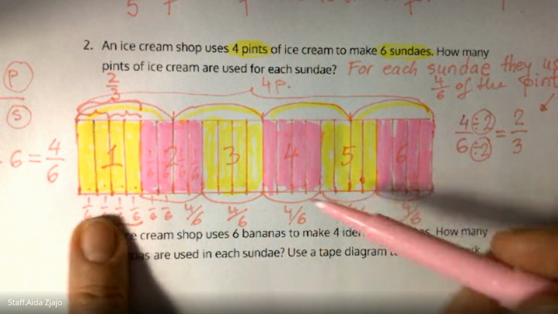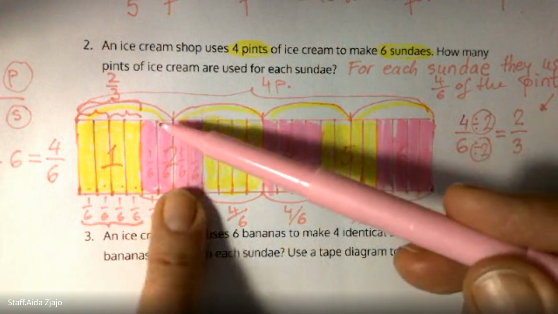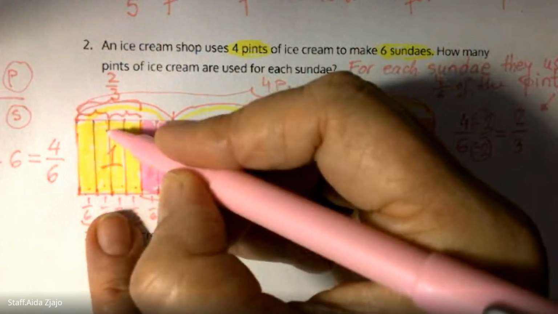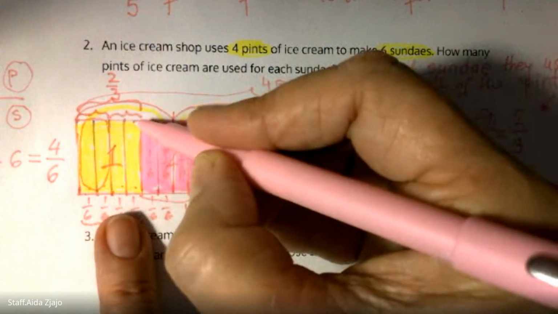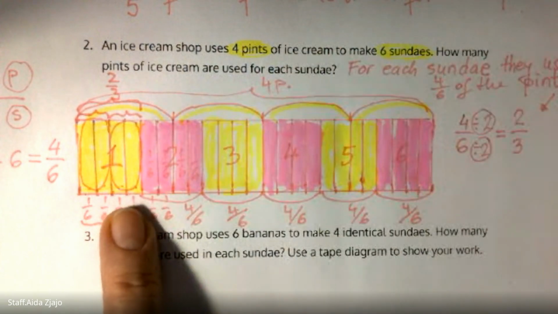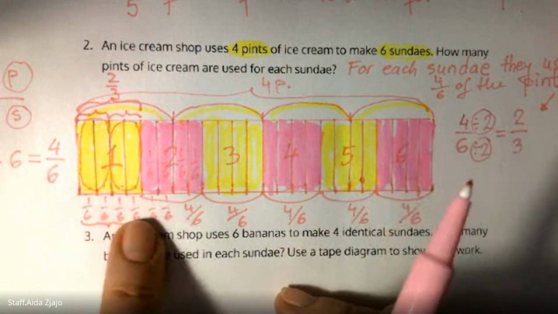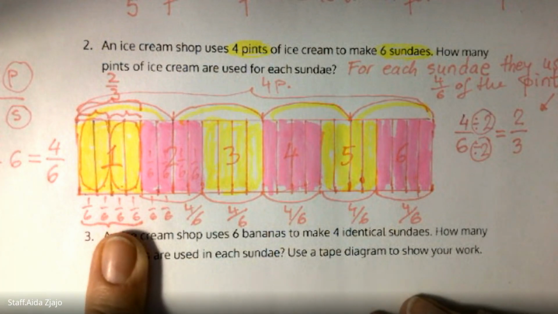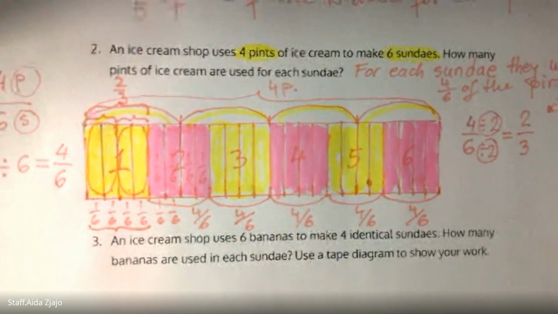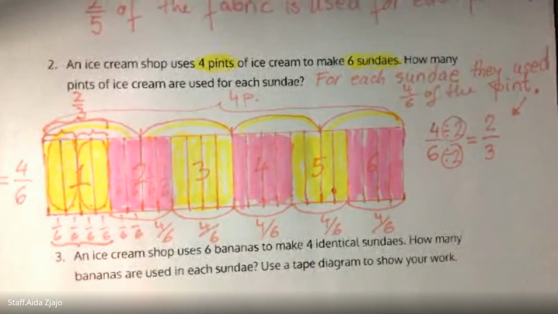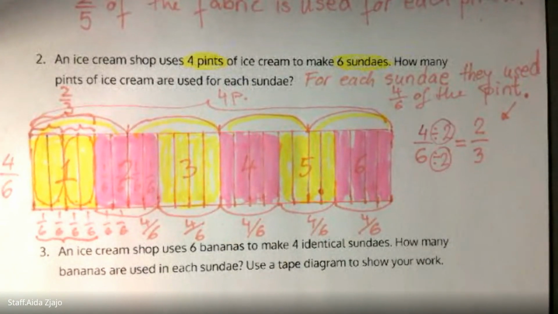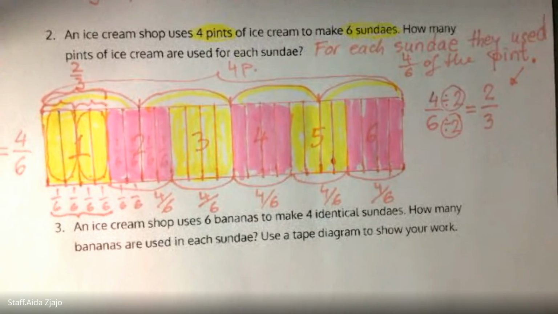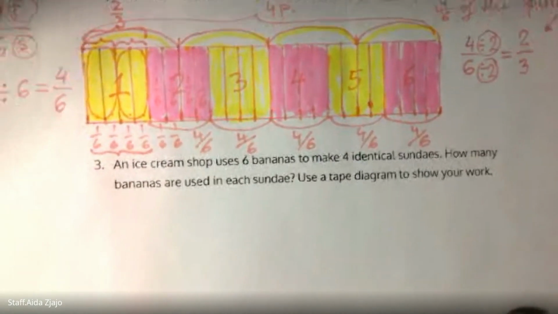Because if you think about it, 1 pint is 6 sixths, and we can show that this is 1/3 and this is also 1/3, so 2/3 or 4/6 was used to make 1 sundae. I hope that makes sense to you.